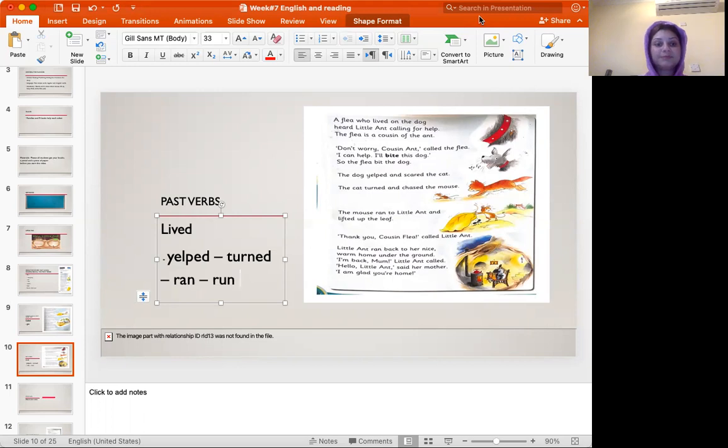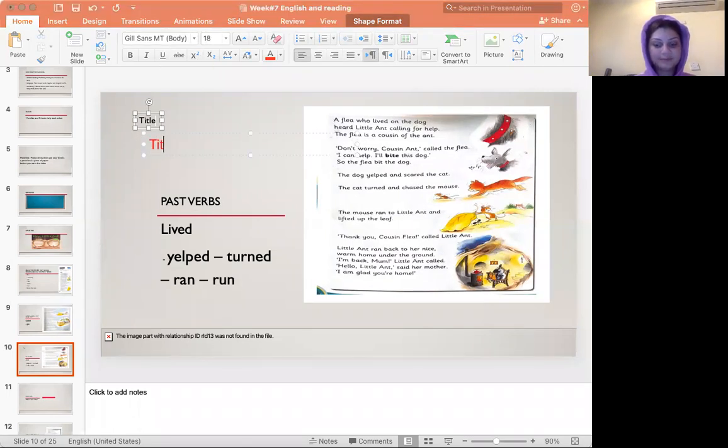Get a piece of paper. I want you to write the title of the story, the characters, the problem, how it is solved, then the end.